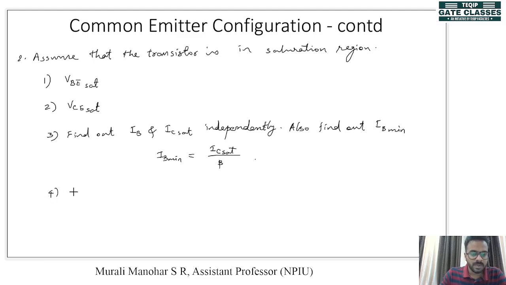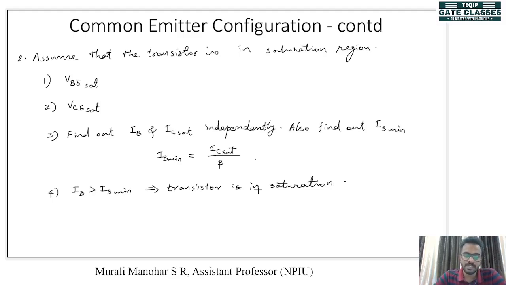In the fourth step, we will check whether IB is less than or greater than IB min. If IB is greater than IB min, that means our transistor is in saturation. If IB is less than IB min, that means the transistor is in active region.